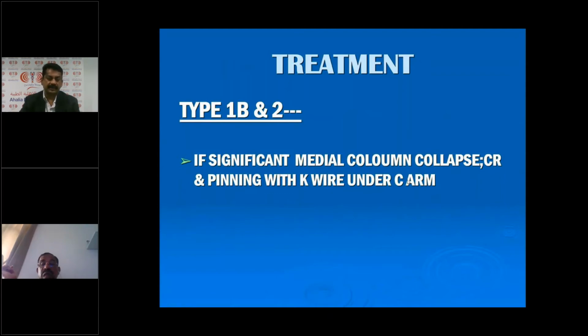Because the treatment in plaster in these cases needs hyperflexion, and there are chances of loss of reduction in the cast, and also chances of compartment syndrome and vascular injury because of the hyperflexion.